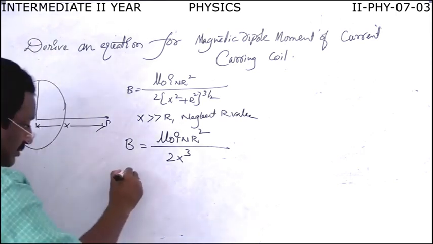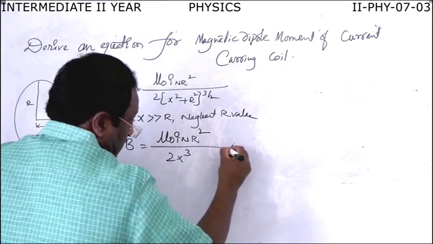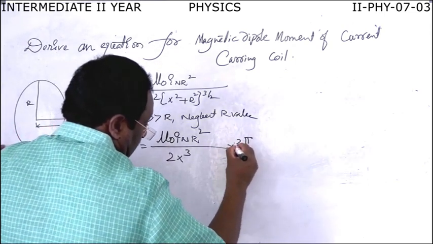Now it is multiplied and divided by 2 pi.